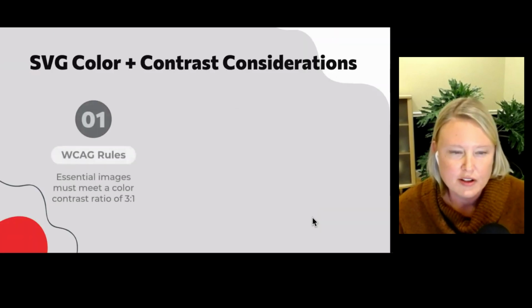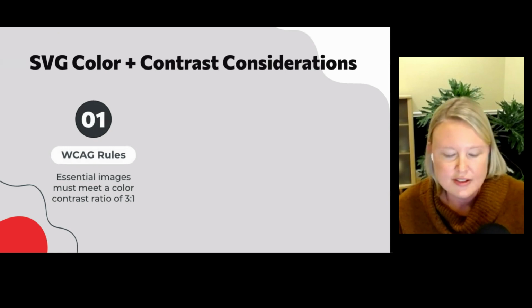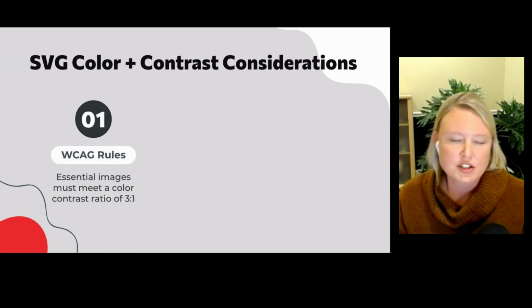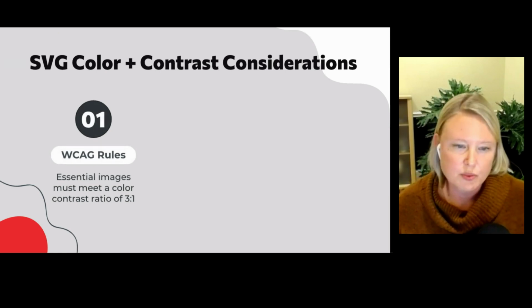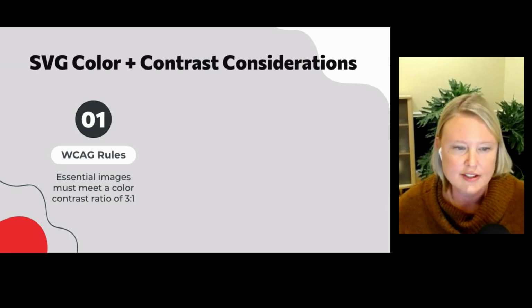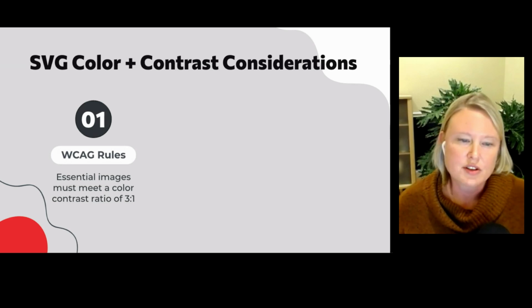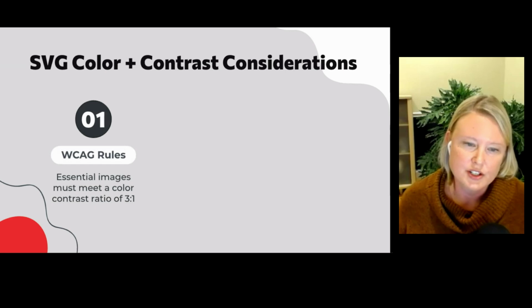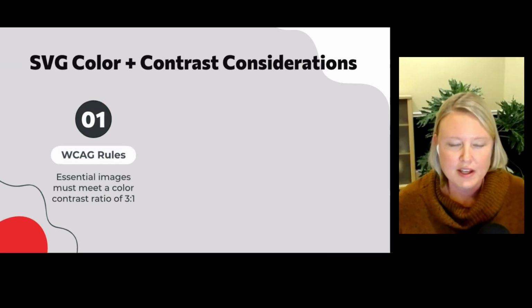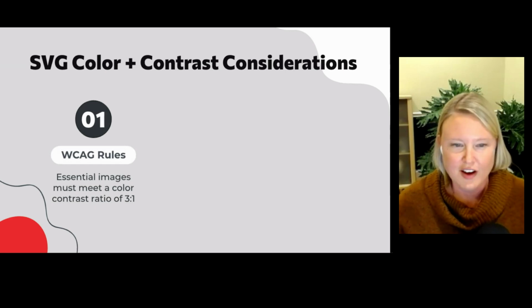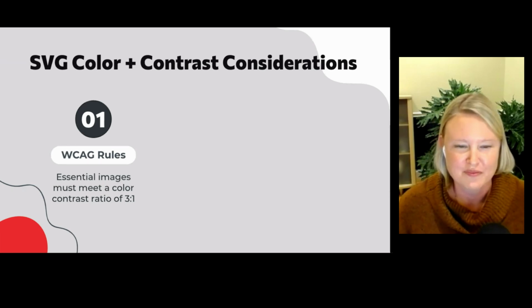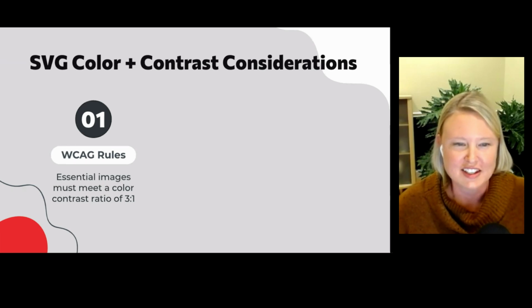But now we're going to talk about color considerations. Like all things color, we want to make sure that, and this is newer in the 2.1 WCAG guidelines, essential images also must meet that color contrast ratio of 3:1. Essential means, if I totally got rid of the image, what changes, is it necessary?